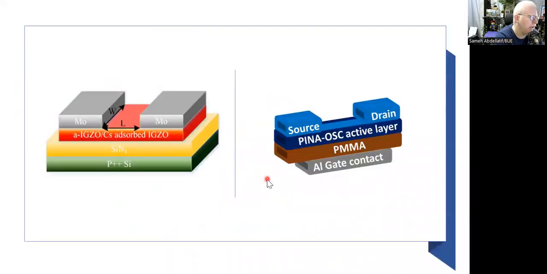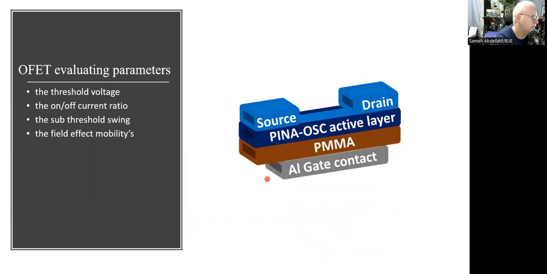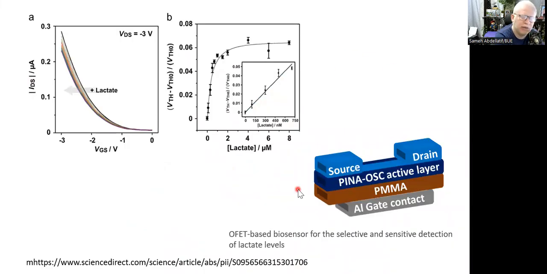But when you get to this slide, here you have a variation in the IV characteristics for the same biasing condition. You fix the drain voltage, the source voltage, and the gate voltage, but due to the variation in the concentration of the lactate, this affects the active layer, and you can see different IV curves for the same biasing condition.